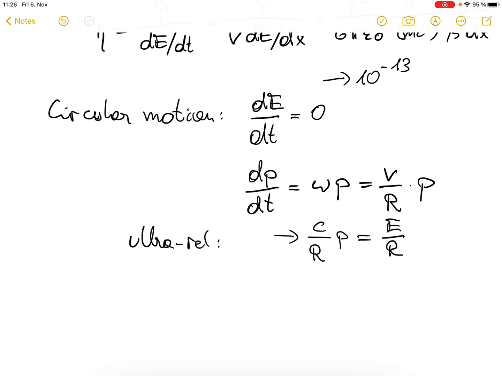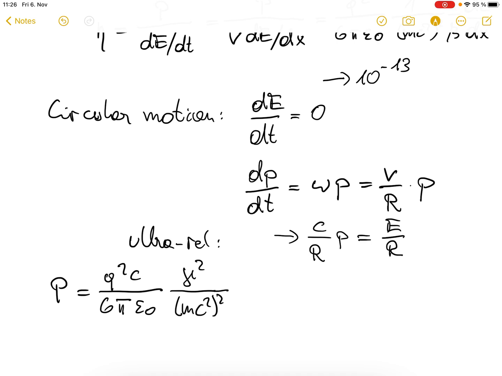Okay, this is all we need to know. Now we insert again into the Larmor equation. So we had P equals Q squared times c divided by 6 pi epsilon 0, and now I take out a factor gamma squared divided by mc squared that we had before, and I did this in the proper time differential, which I replace with a time differential of the lab frame.